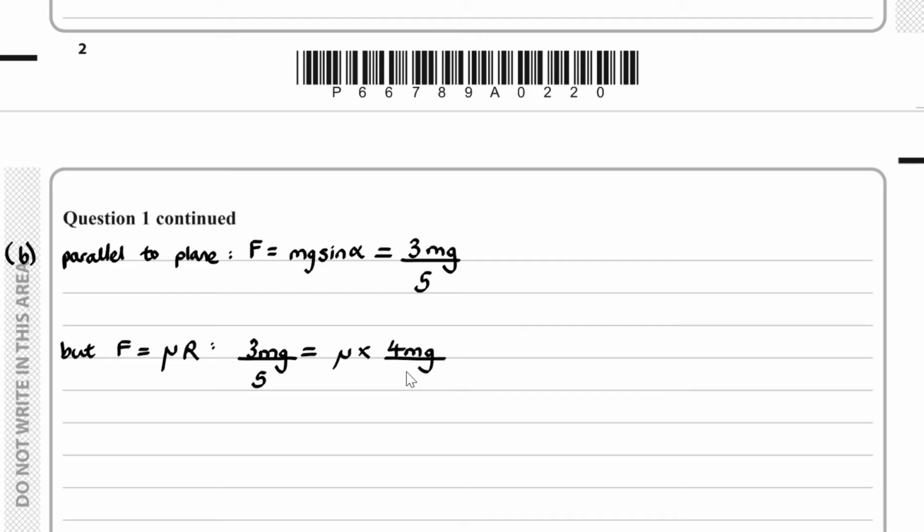Solving for mu is quite straightforward. The mg's cancel on both sides, the 5's cancel on both sides, so we have 3 equals 4 mu. In other words, mu is equal to 3/4.